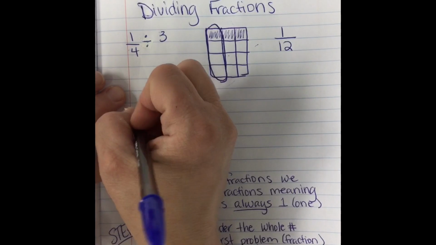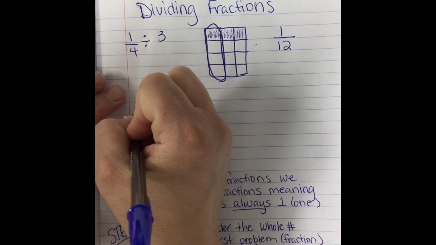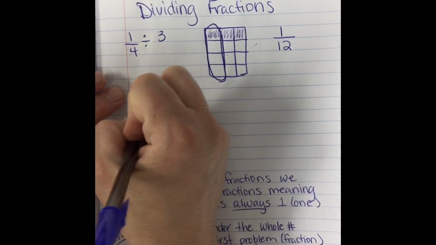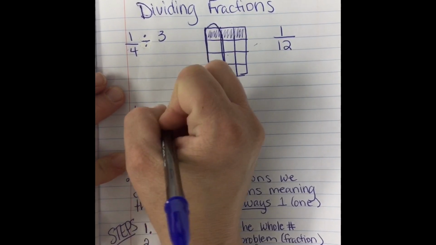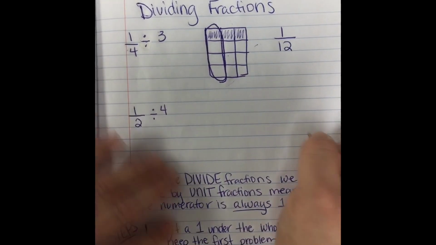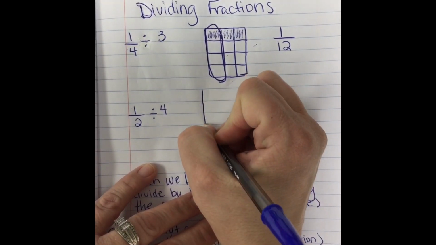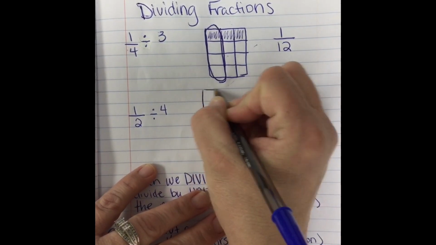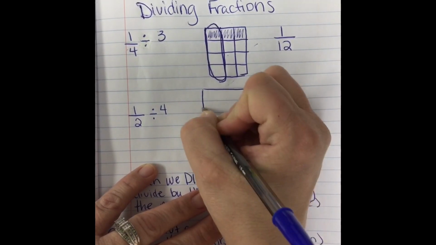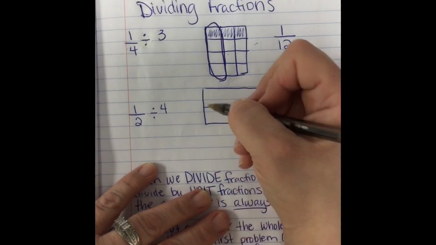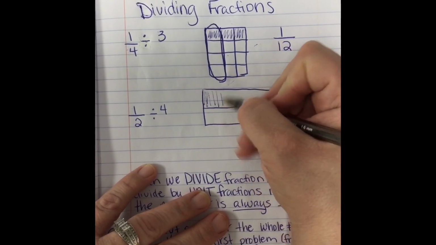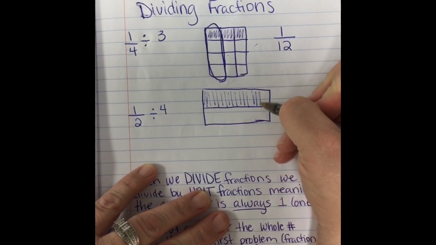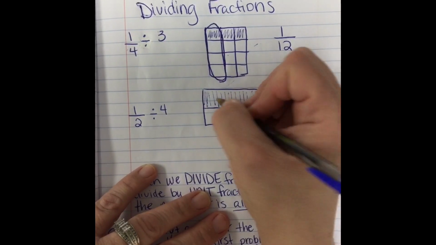Okay, if I take 1/2 and I divide it by 4, I'm going to take a model. I'm going to do it this way this time. And there's 1/2, and I'm going to shade it in. And now I'm going to divide it into 4 pieces.